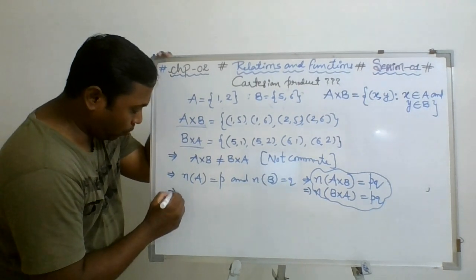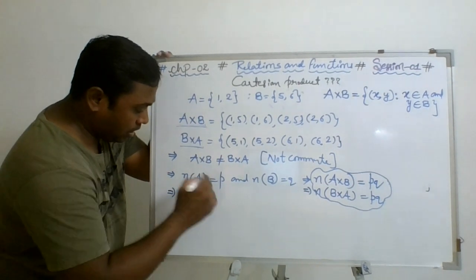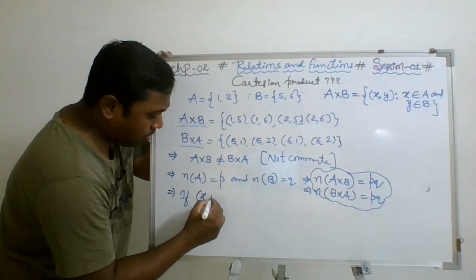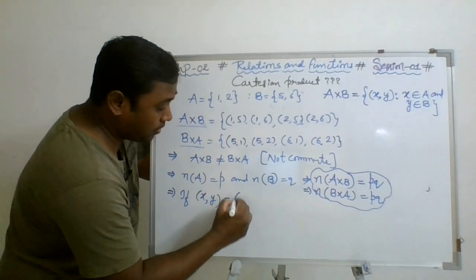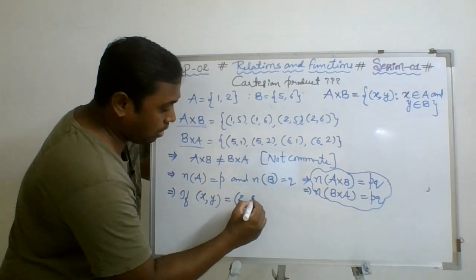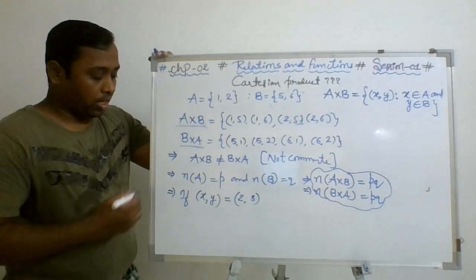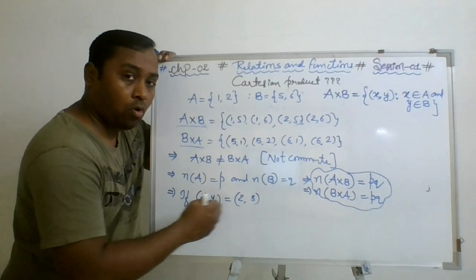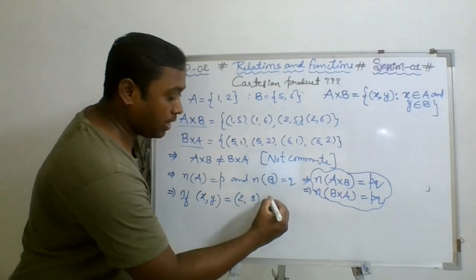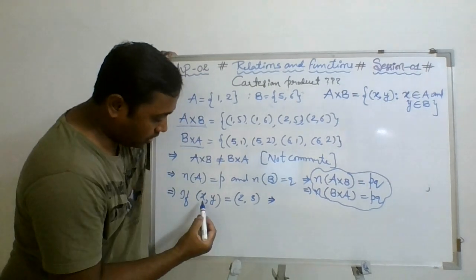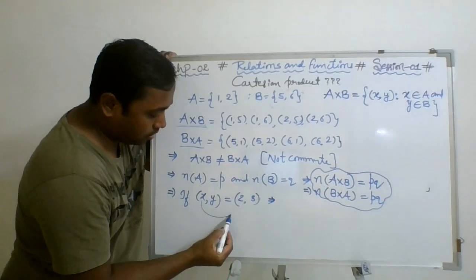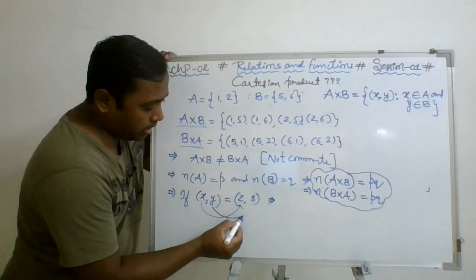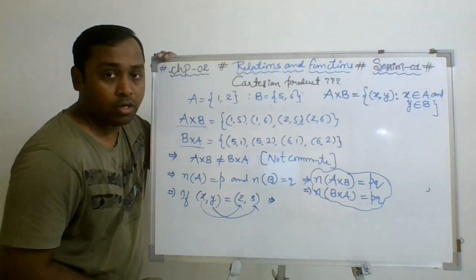The third learning point, if you are saying the ordered pair X, Y is equal to 2, 3, what does it mean? If you are equating the two ordered pairs, it means that the X element is correspondingly equal to X element, Y element is correspondingly equal to Y element.